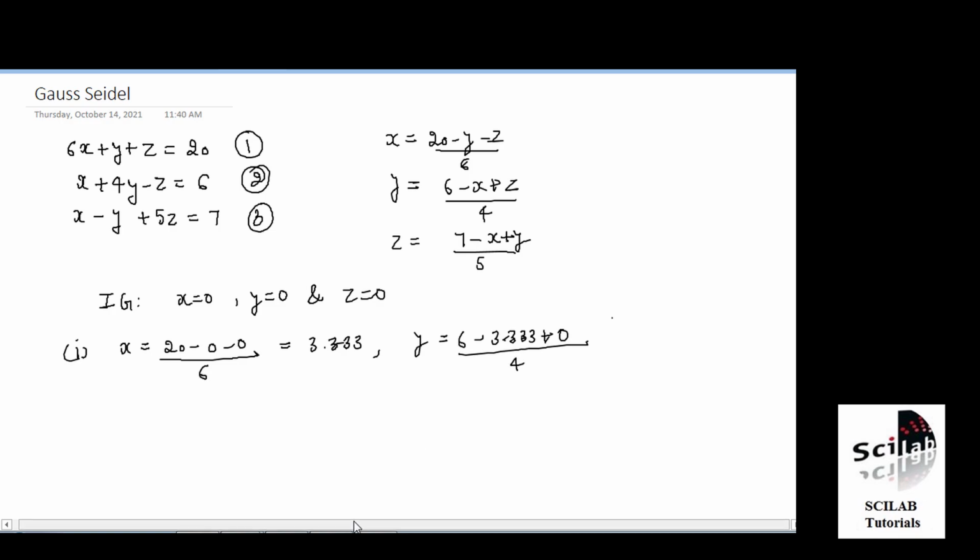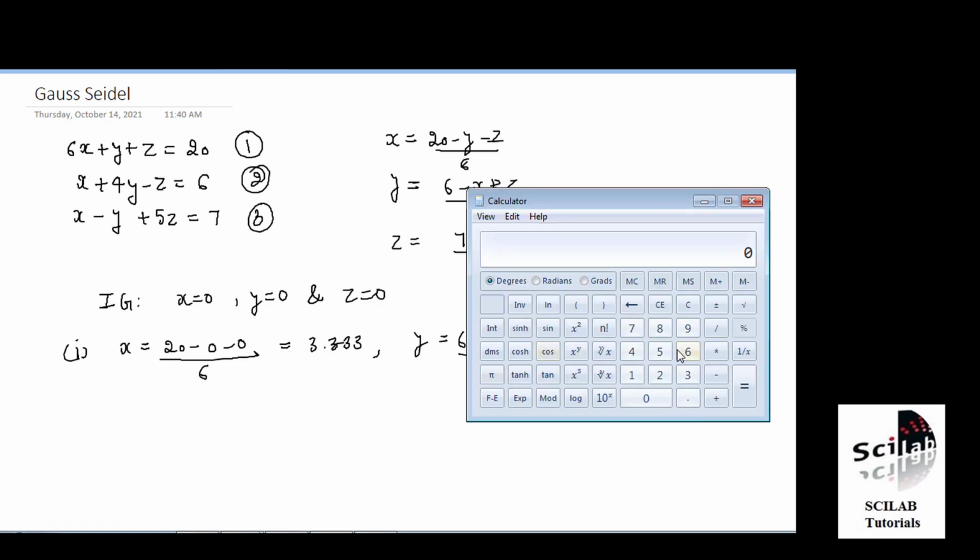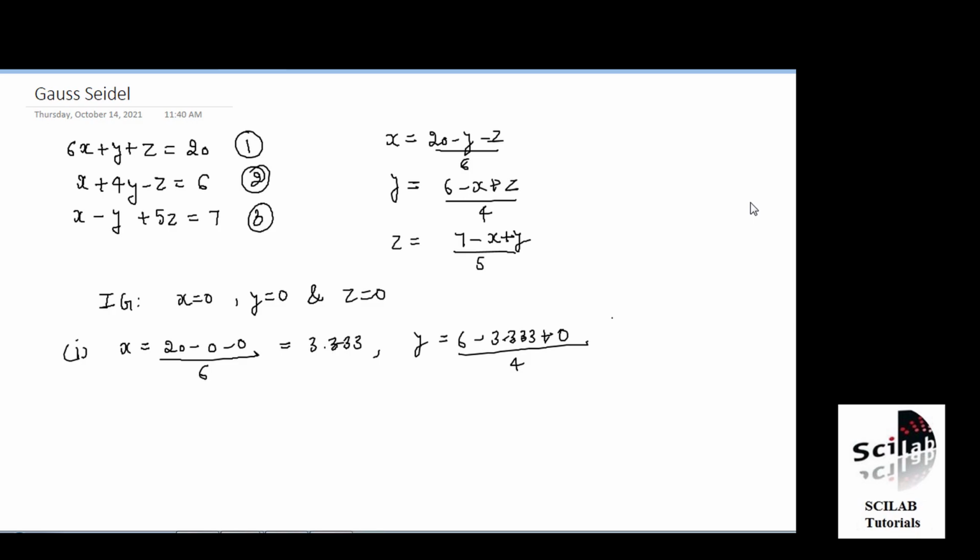So let us use the calculator. 6 minus 3.333 divided by 4. So the value of y comes out to be 0.667. We are writing up to 3 decimal places for the time being. 0.667.